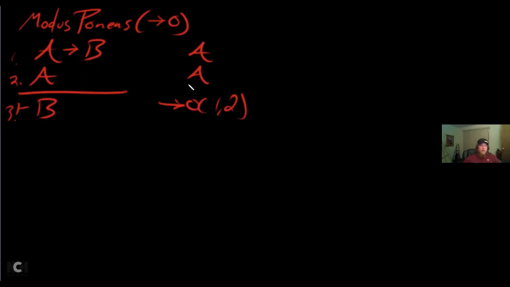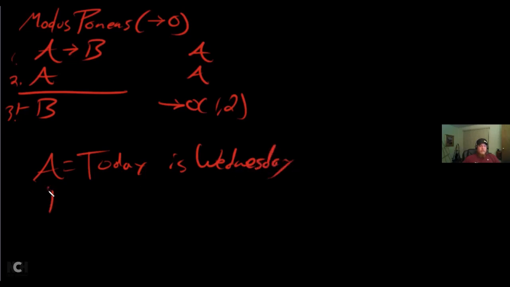And we can plug all kinds of values into A and B. So let's do some others. Let's say A stands for today is Wednesday. And let's say B stands for tomorrow is Thursday. Okay, this works too.